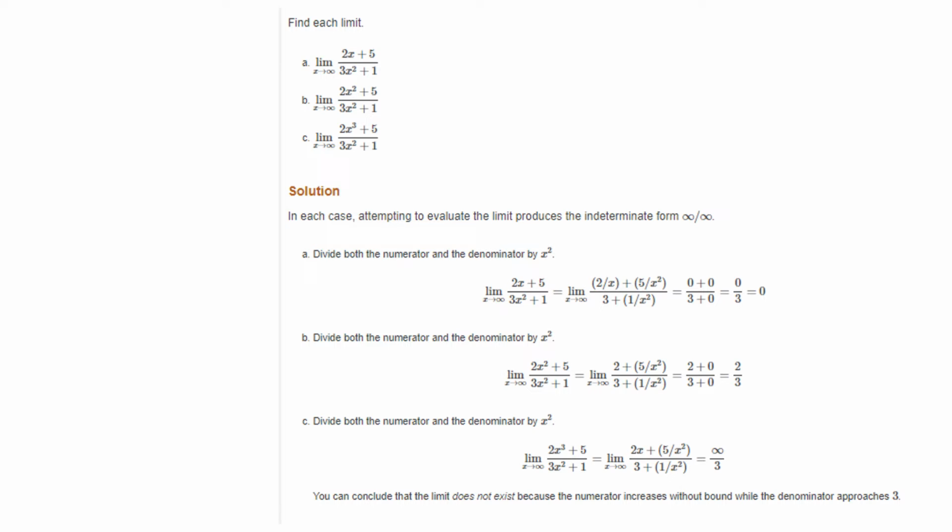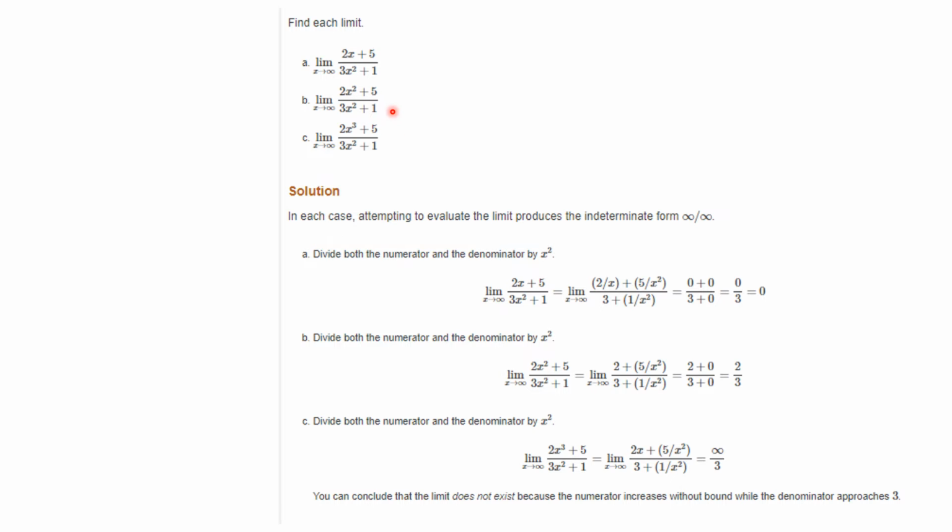Here are 3 problems that you really should think about, but they're all different. In the first one, this is bottom heavy because I have an x cubed in the denominator. So if I divide top and bottom by x squared, this is what I get. And so you see each of the terms on top becomes 0, so it's 0 over 3, and this one goes to 0.